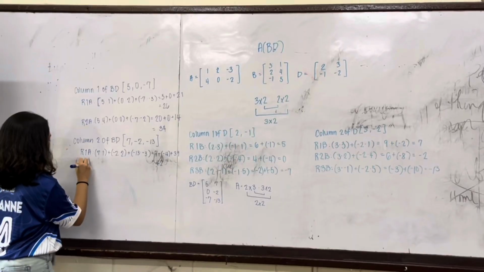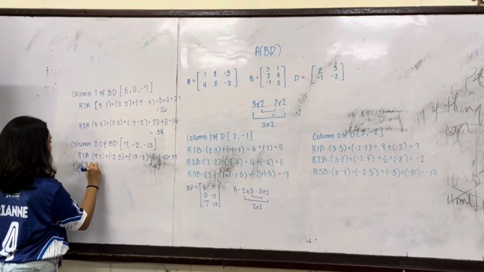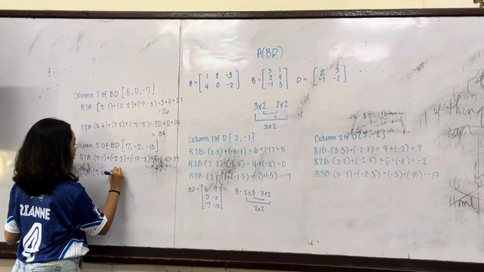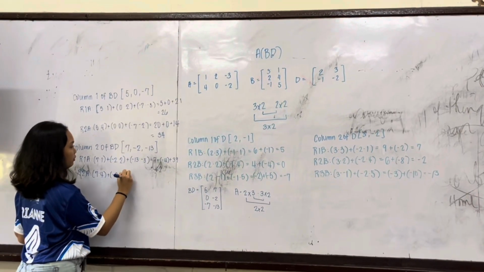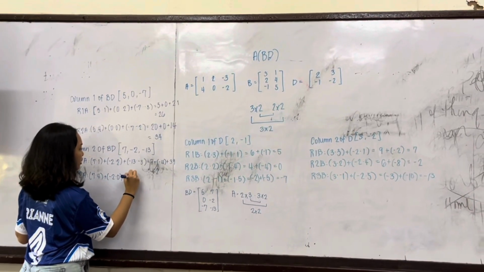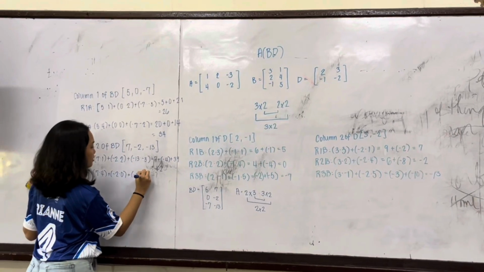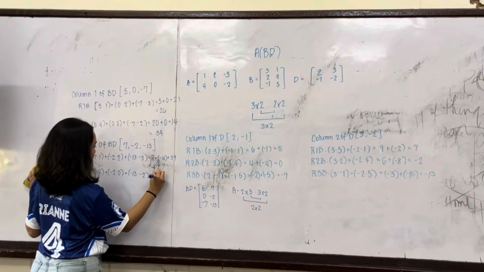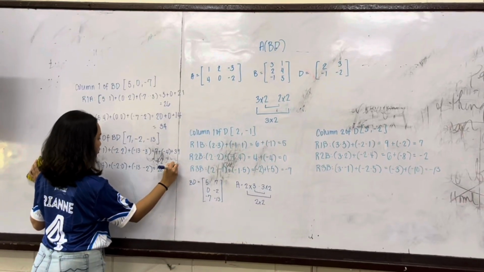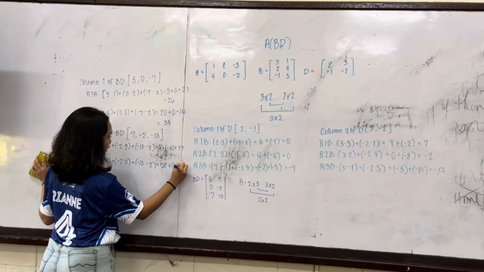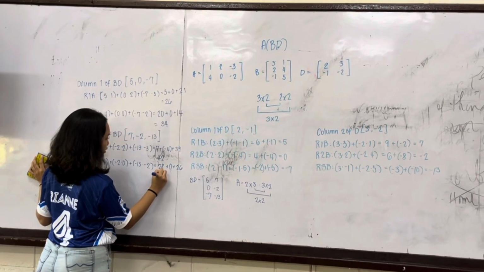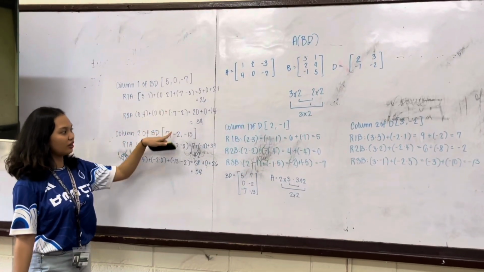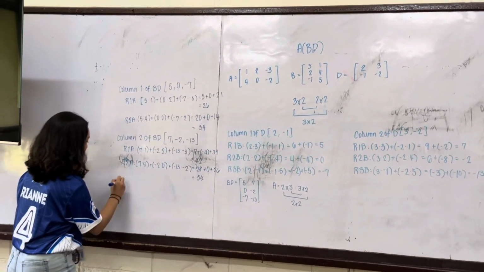Then, last, for row 2 of matrix A: 7 times 4 plus negative 2 times 0 plus negative 13 times negative 2, giving us 28 plus 0 plus 26, which gives us 54. Now that we found the 4 values, we can arrange them.